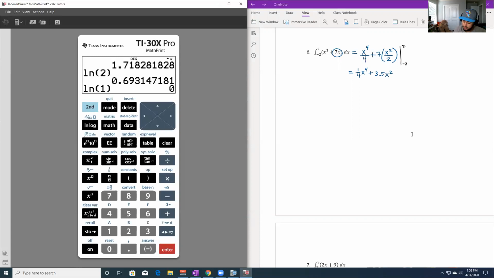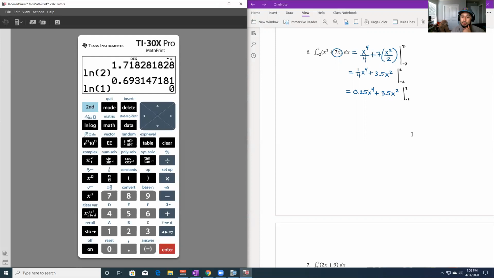All right, still evaluating from -2 to 2. And then one more rewrite before we evaluate it, because 1/4 can be rewritten as 0.25 x to the 4th plus 3.5 x squared. Evaluated from -2 to 2.